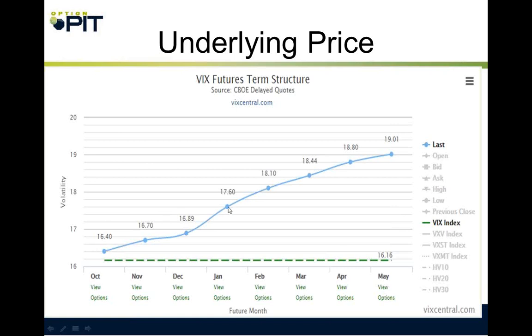If I buy a January put, let's say I do the 17 put spread, well, my January put is an out-of-the-money put, and my October put is an in-the-money put. There's a $1.20 difference between that underlying. October may be more expensive than January. That doesn't mean I want to do that trade.